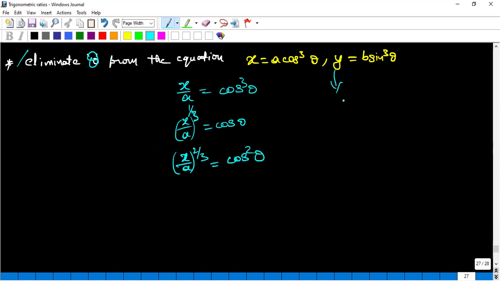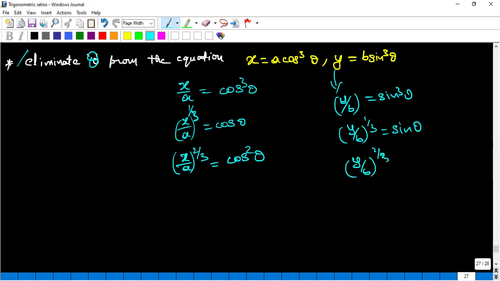If you derive this also, what you will get? Y by b is equals to sine cube theta. From that you will get y by b whole power 1 by 3 is equals to sine theta. Squaring on both sides, we will get y by b whole power 2 by 3 is equals to sine square theta. Add these two.